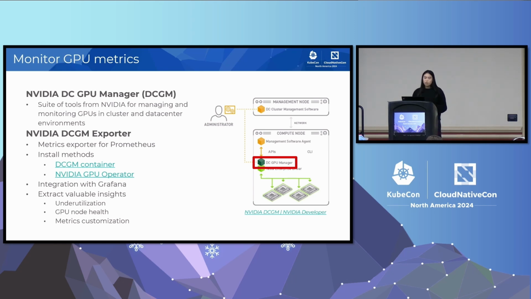So the exporter will essentially expose GPU metrics at an HTTP metrics endpoint. And this means you can really seamlessly integrate into other monitoring or visualization tools, open source tools as well, like Prometheus and Grafana. And you can run the DCGM exporter as a standalone container. You can also deploy it via the NVIDIA GPU Operator.